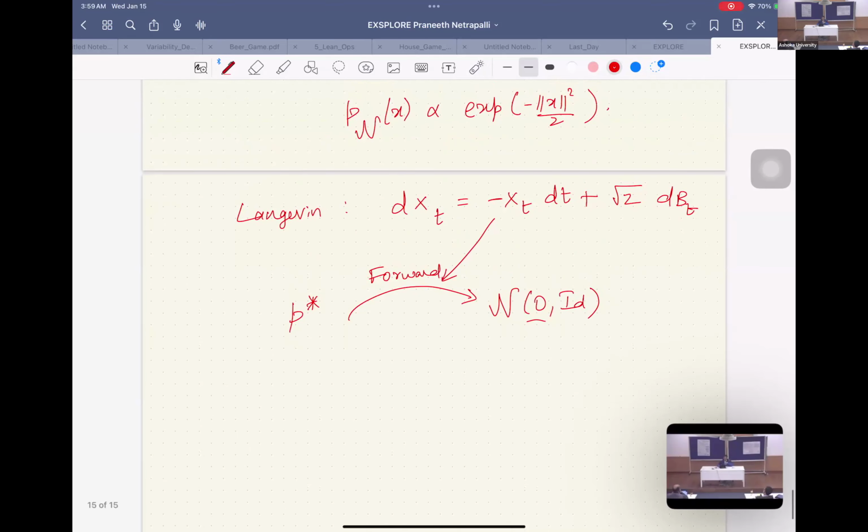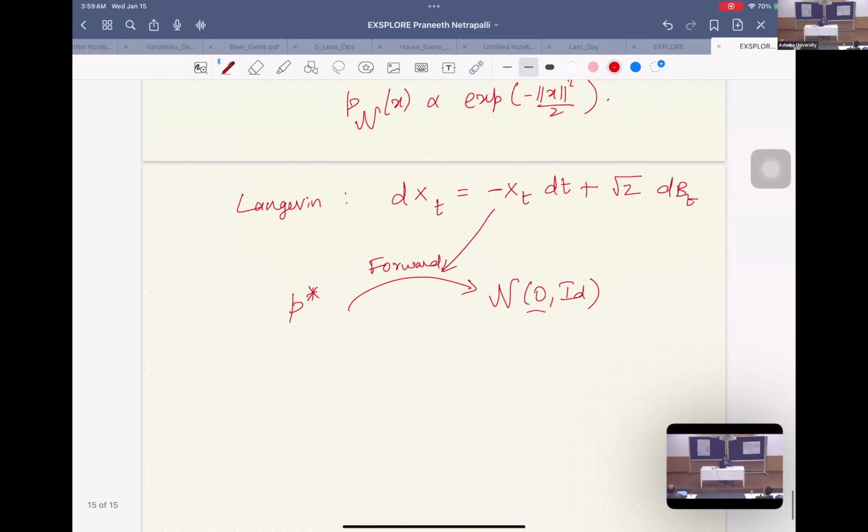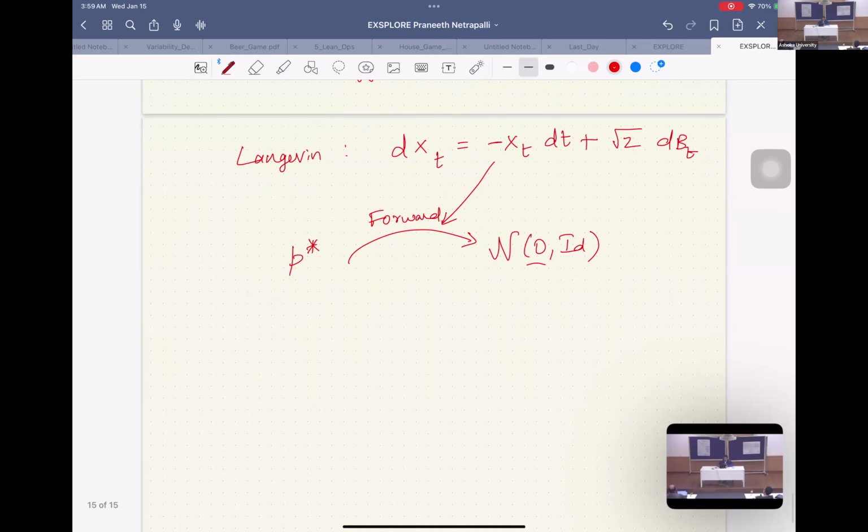This convergence guarantee says that the forward process converges extremely fast to the Gaussian distribution. If by some way we are able to reverse this process, so that if at time step t we had a distribution pt, and we are able to reverse the process to also get a distribution pt, then the reverse convergence will also be very fast.